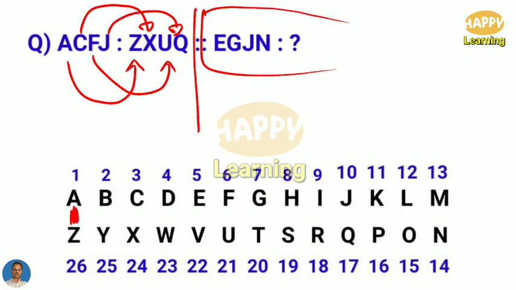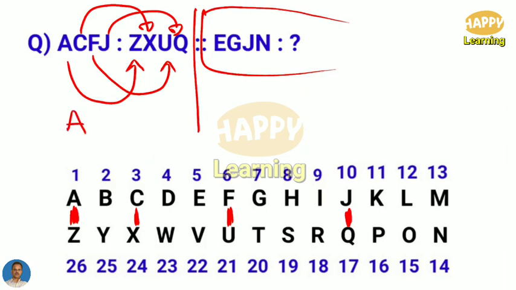In place of A, Z is written. Then C and X are opposite to each other. So in place of C, X is written. And F is opposite to U. So in place of F, you are getting U. And finally, J and Q are opposite to each other. So in place of J, you are getting Q.